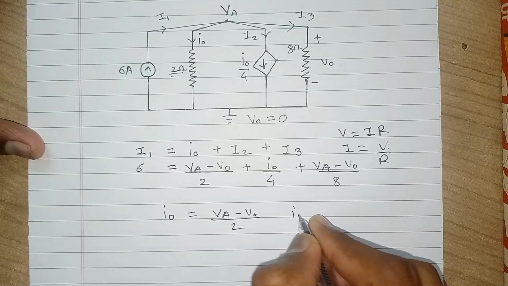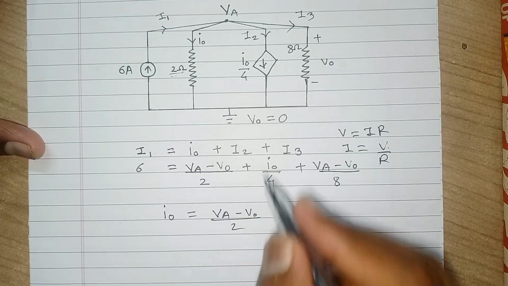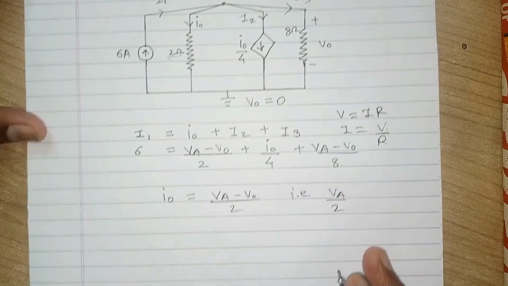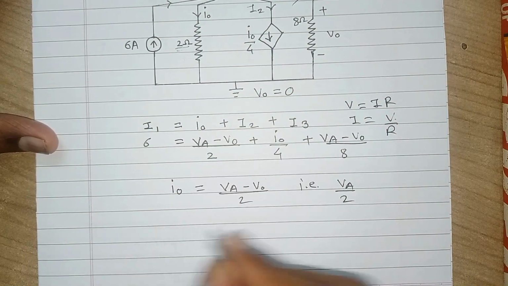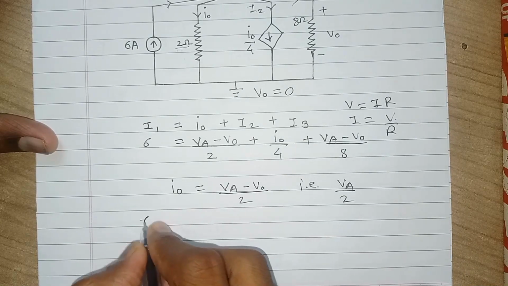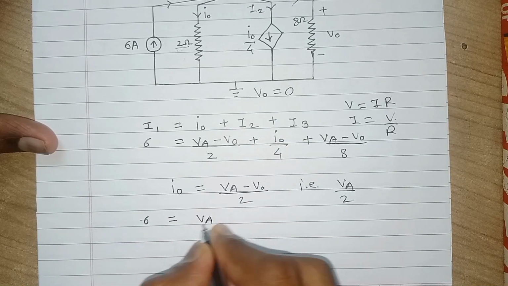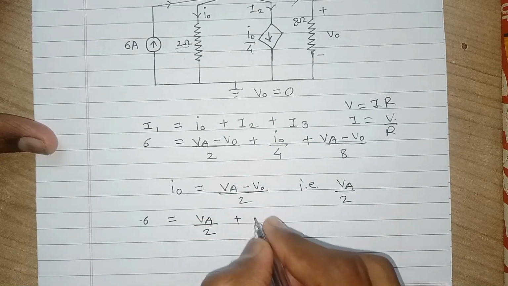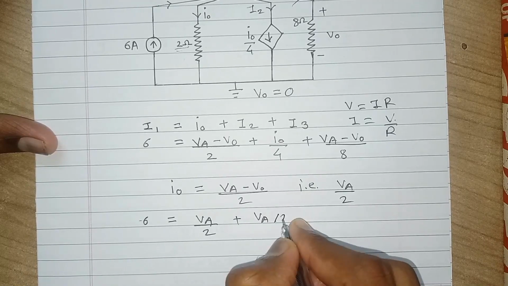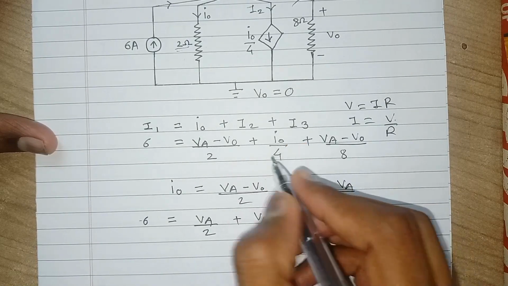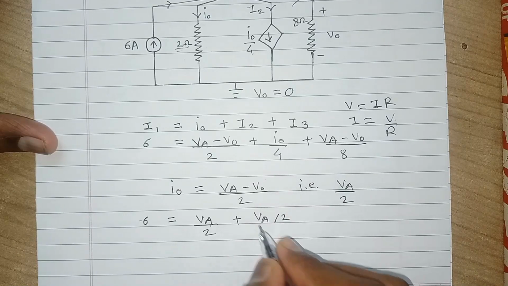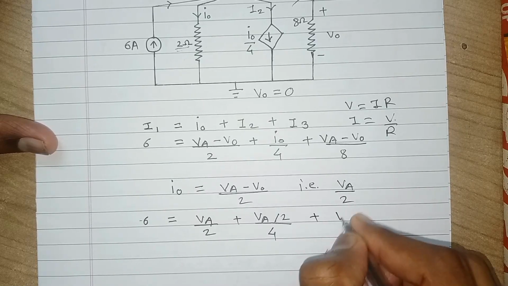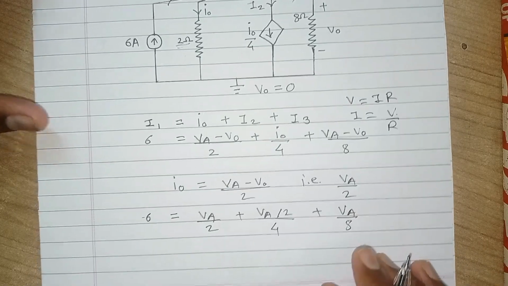As the value of V0 is 0, we can write it as VA by 2. So replacing I0, we will get 6 equals VA by 2, V0 is 0, plus VA by 2. Don't forget that the 4 is in the example. This is divided by 4 plus VA by 8.